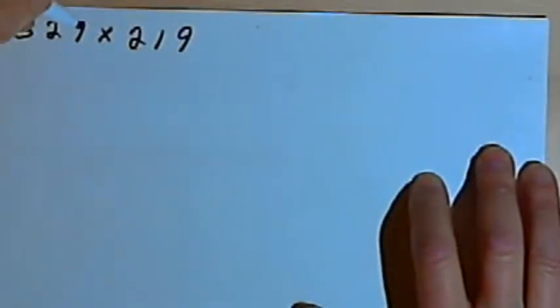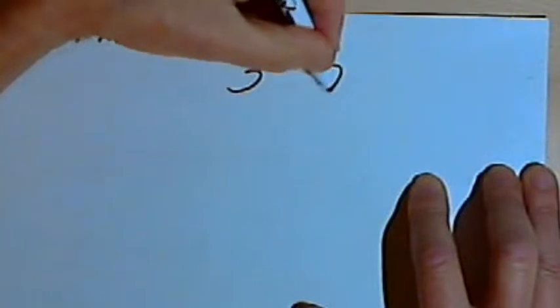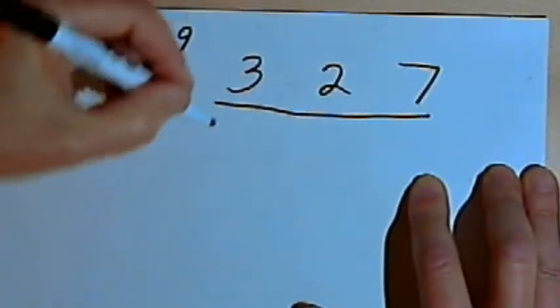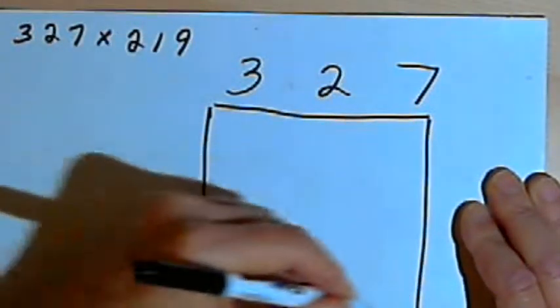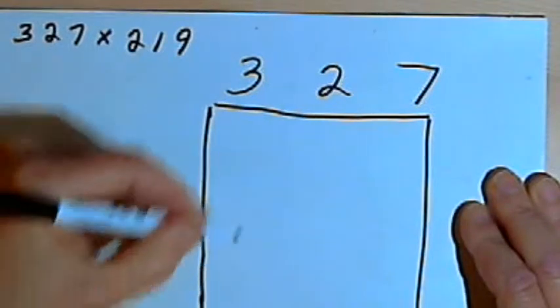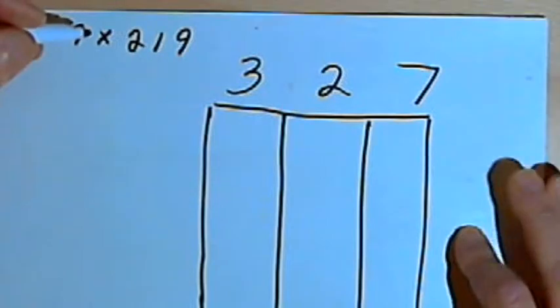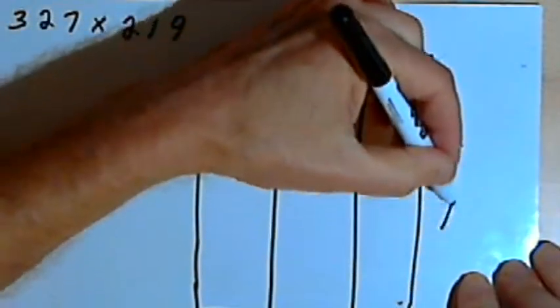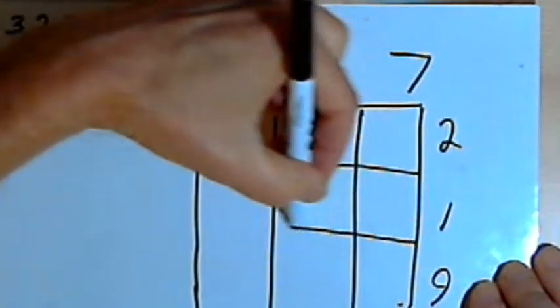So here I've got 327 times 219. So I'll write that 327, once again leaving enough room since this takes up a bit of room. I'll draw a square under the 327. I'll make a column for each of those 3 digits. And then I'll take the 219, put that in down the right side of the box, and make a row for each of those digits.